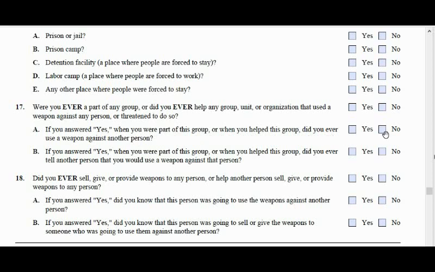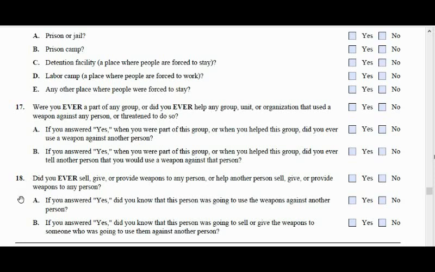If it's not the case, check no. On B, if yes, when you were part of this group or when you helped this group, did you ever tell another person that you would use a weapon against that person? If it's the case, check yes. If it's not, check no.